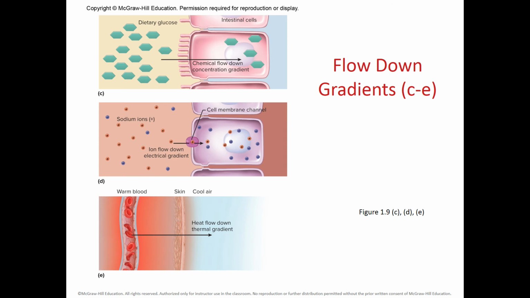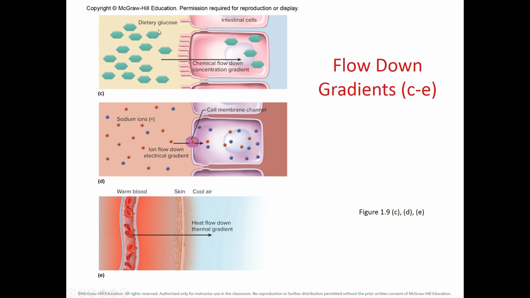Another example is the flow down of substances, like in the case of glucose. So this is a cell and this is outside of the cell. The particles depicted here in green will be the glucose, dietary glucose, and this will be the intestinal cells.